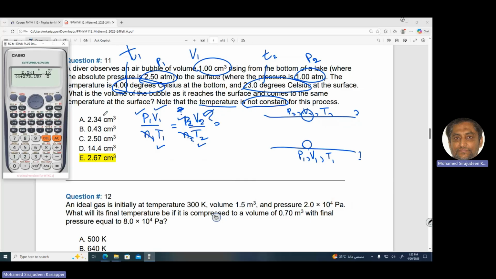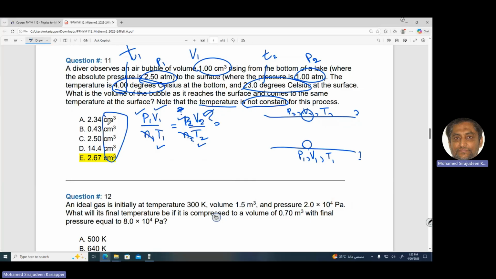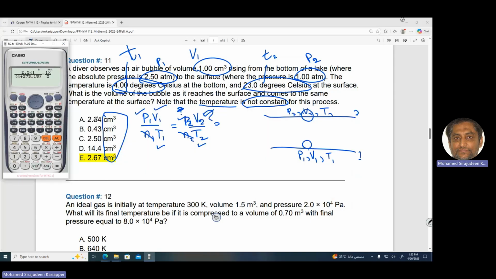Why? Because the question is to find the final volume in centimeter cube, so it is wiser to keep it in centimeter cube. So you will get the x, the unknown, also in centimeter cube.